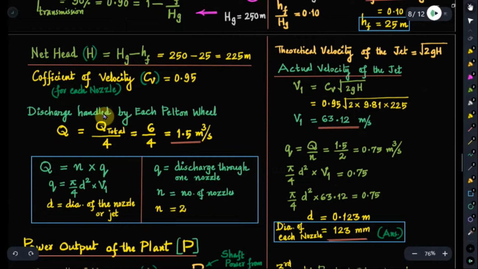Here the discharge handled by each Pelton wheel you can get from the total discharge. Total discharge is 6 meter cube per second and we have 4 such turbines, 4 such Pelton wheels. Therefore, the discharge handled by each Pelton wheel will be 6 divided by 4, that is 1.5 meter cube per second.